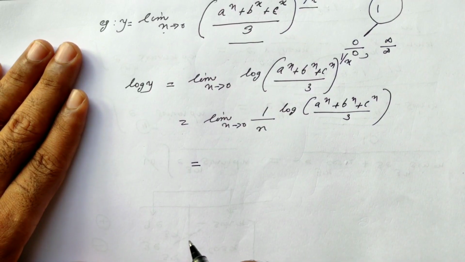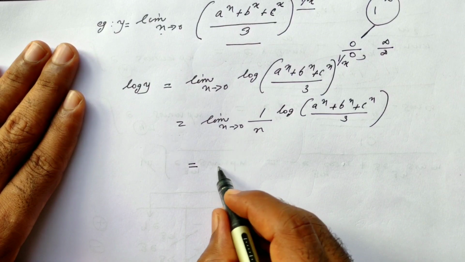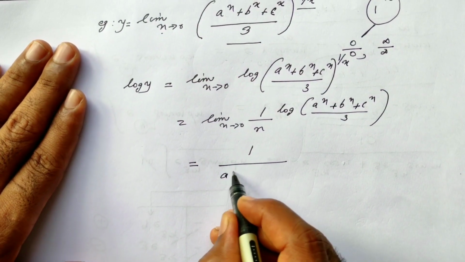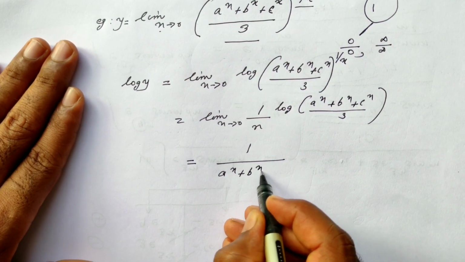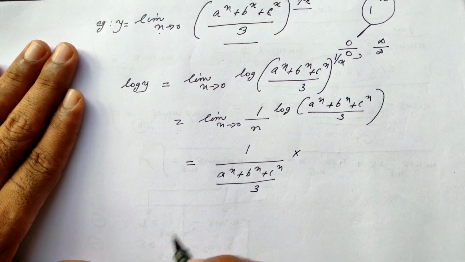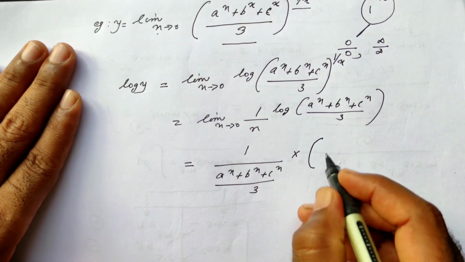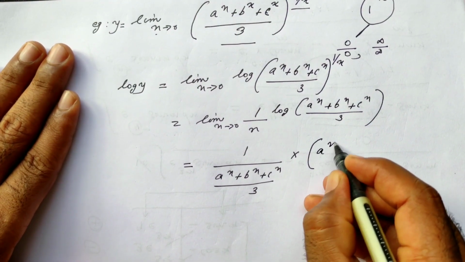That is, log of (a raised to x plus b raised to x plus c raised to x)/3 is 1 divided by (a raised to x plus b raised to x plus c raised to x)/3 into the derivative of this function, which is a raised to x into log a.